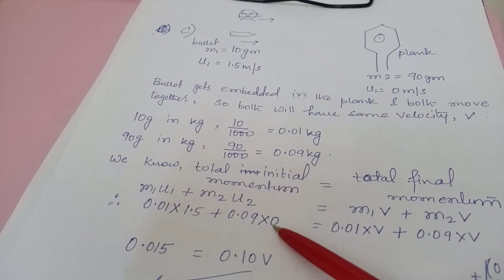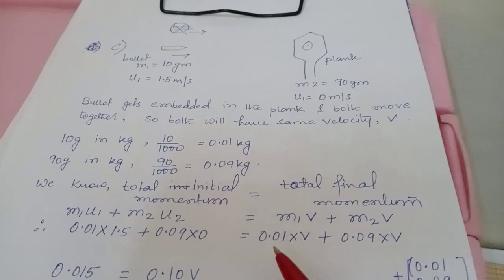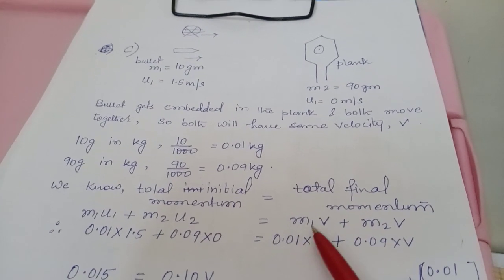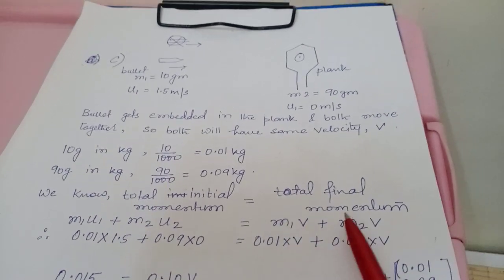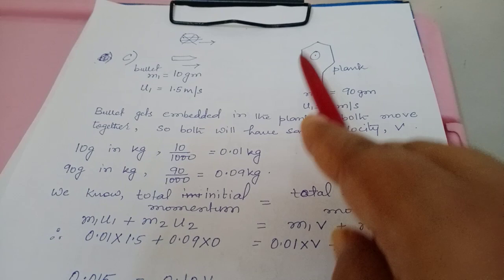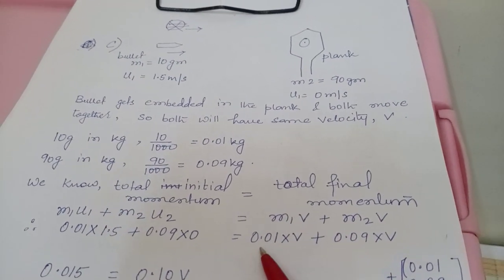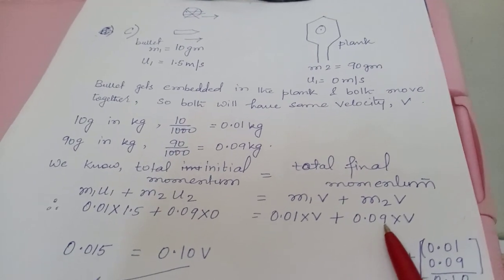The total momentum after the bullet has collided with the plank and got embedded is m1 into v plus m2 into v. Why? Because both velocities will be the same. The bullet has embedded inside the plank, so both move with the same velocity. So m1 mass was 0.01 and m2 0.09.